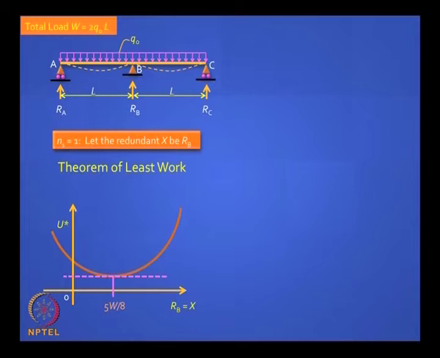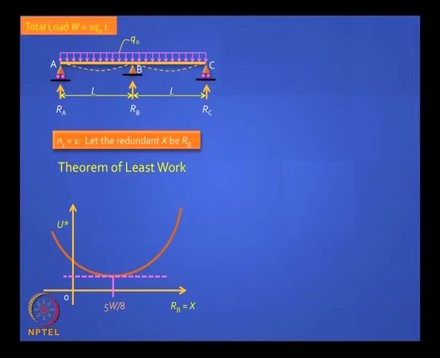And if you actually compute strain energy, which means you have to integrate the bending moment diagram, take the square of it and so on, you will find that for any value of x you can get a complementary strain energy, and you can even assume foolish values of x which go negative, you know it is not going to be negative.